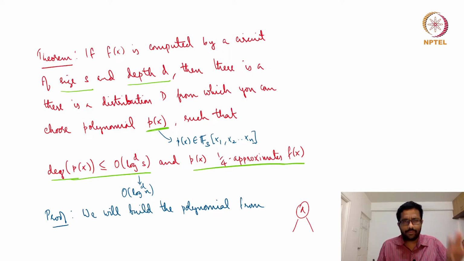So let's say 1 by 4 is some fixed number, it could be 1 by 10 also, then some constant factor will change, but we will get roughly this. So log S, where S is the size of the circuit, is like (log n) to the power d, because S is just n to the power some k.